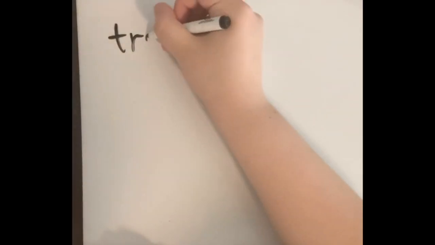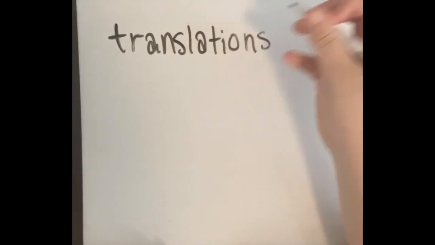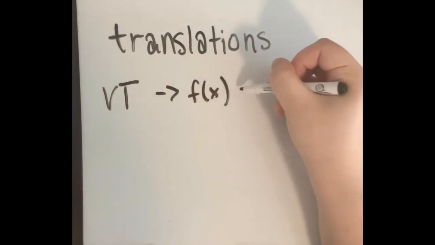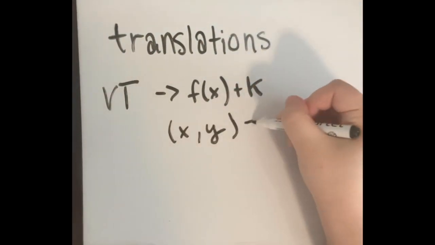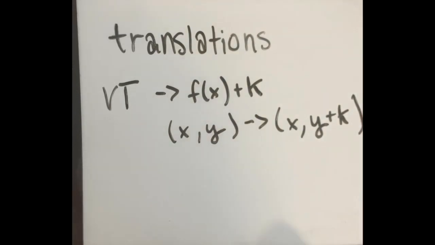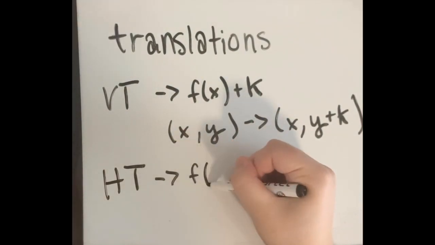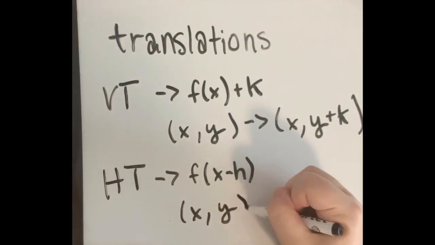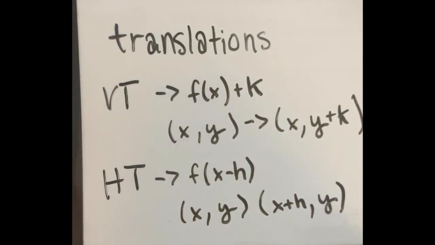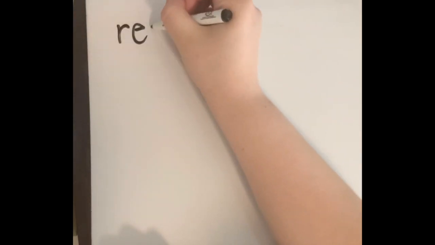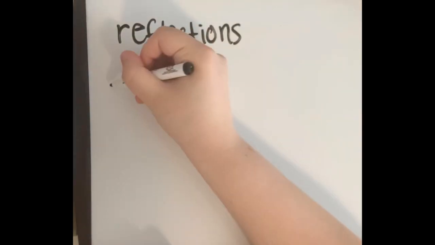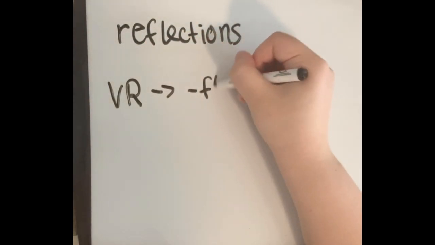For translations, there's vertical and horizontal translations. For vertical translations, you add the K to the Y. And for horizontal translations, you add the H to the X. And then there's reflections. There's vertical reflections and horizontal reflections.